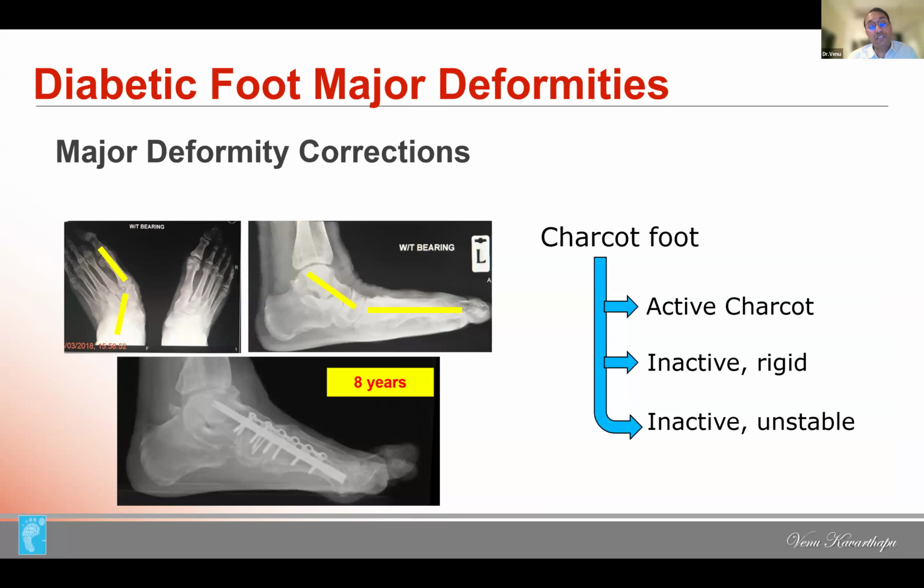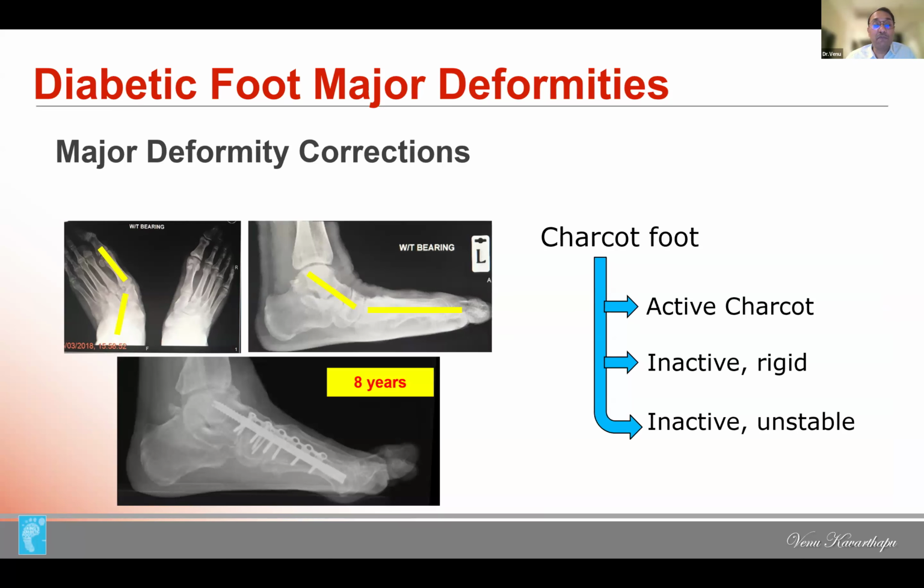Whereas the Charcot foot reconstructions, again, come in so many permutations and combinations, and accordingly are managed with internal fixation Charcot reconstructions. But on some occasions, external fixation can be used.